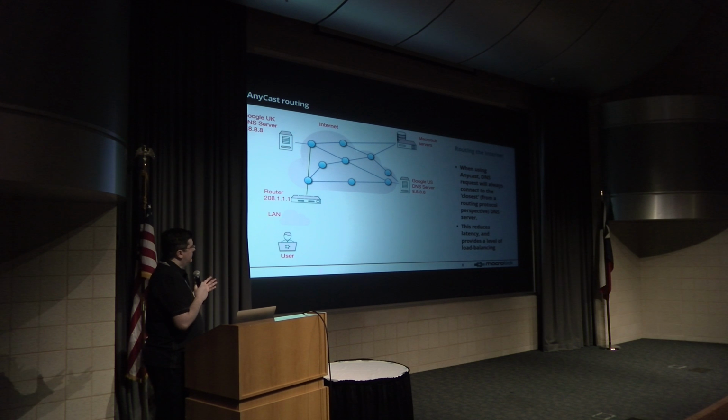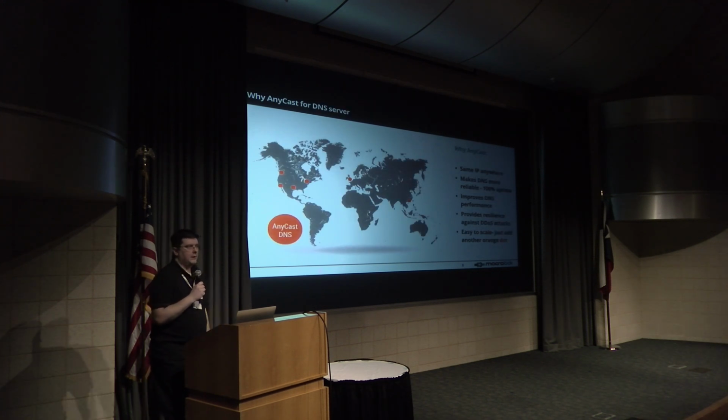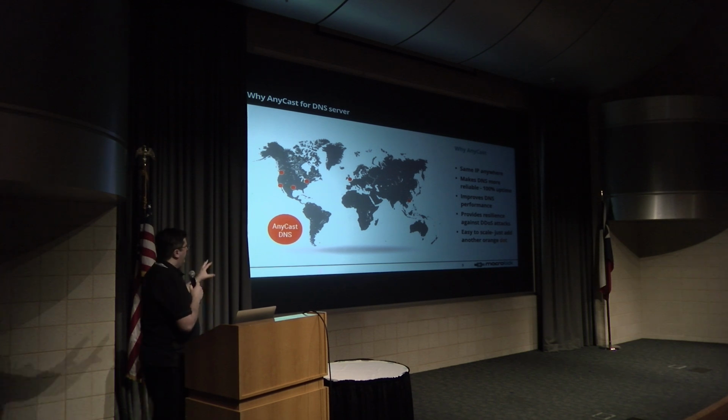And that's one of the big advantages with public DNS servers. There are multiple locations where the same IP address will be propagated. And interestingly, no matter where in the world you access that IP, it makes DNS much more reliable, as well as providing 100% uptime, because if you shut down one data center for any upgrades or maintenance, the others will start servicing customers.